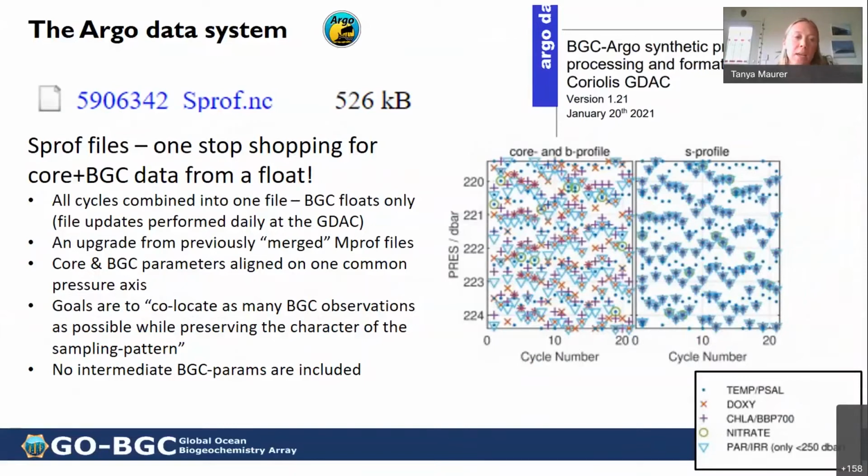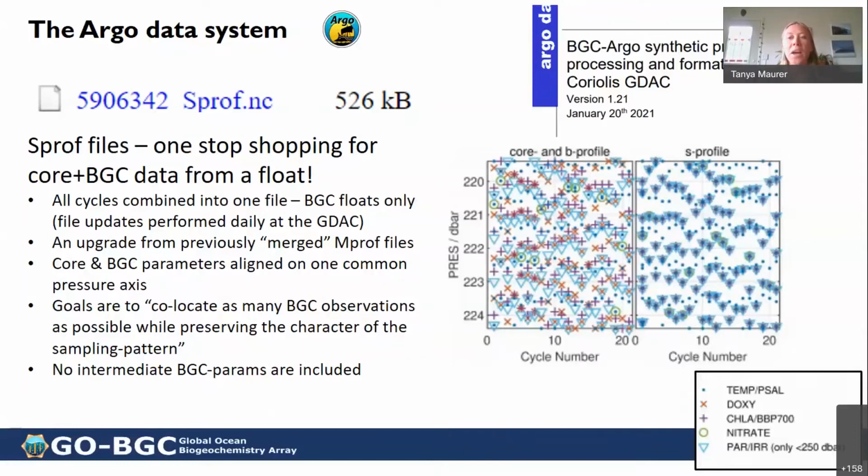Core and BGC parameters are aligned on a single pressure axis. So the goal with the development of these files, which was only fairly recently, a couple of years back when they were first implemented, is to co-locate as many BGC observations as possible while preserving the character of the sampling pattern for any particular float.